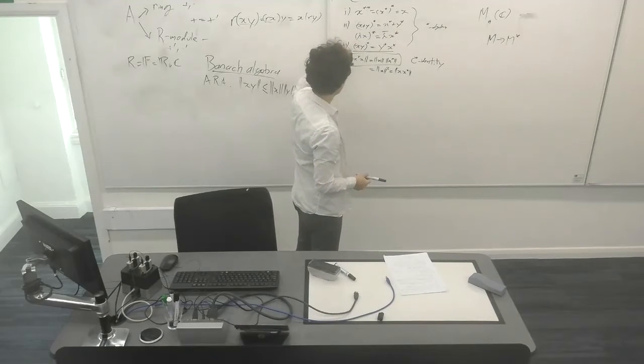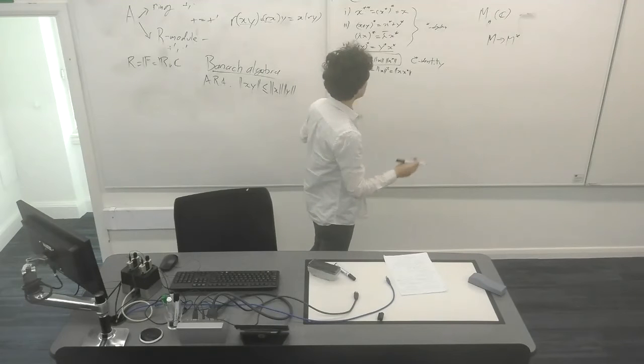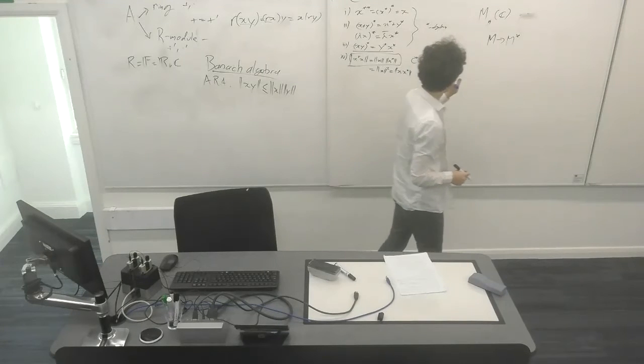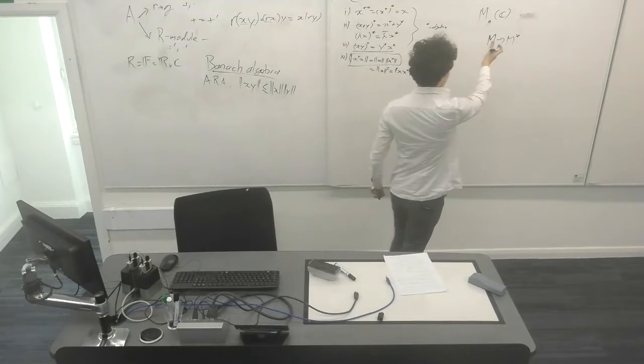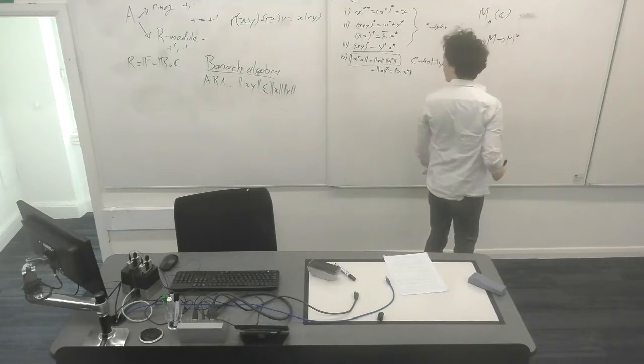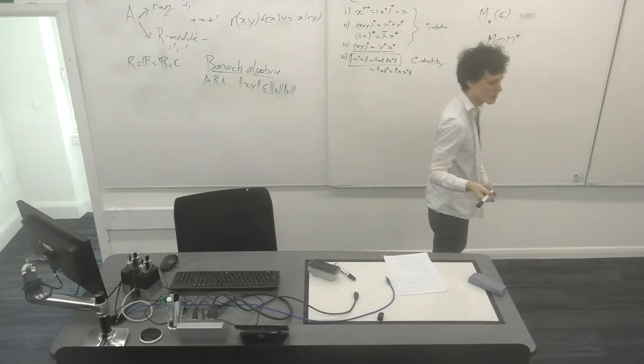The norm property also follows reasonably easily, because we haven't actually taken a norm on this set, but we can just assume it's the operator norm.